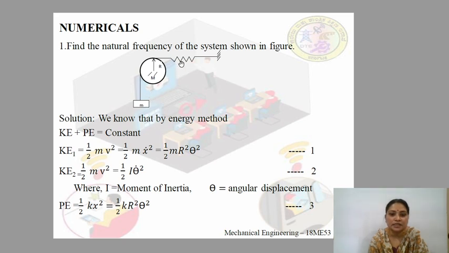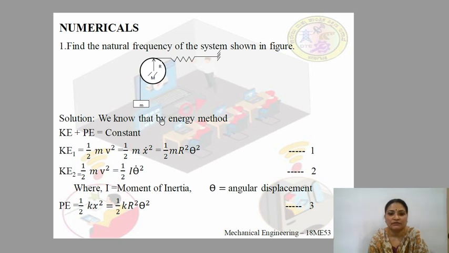And when the spring displacement is x, the pulley rotates by an angle theta. So x can be written as r theta. Substituting x as r theta, x dot square becomes r square theta dot square. Let us call this equation number 1.